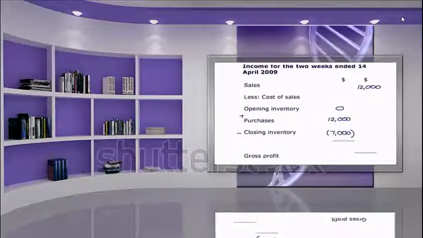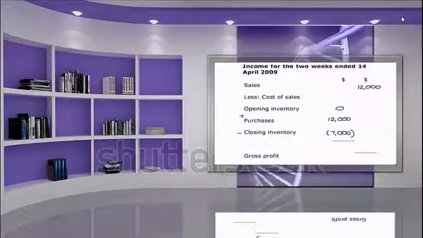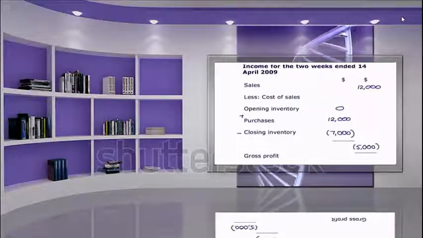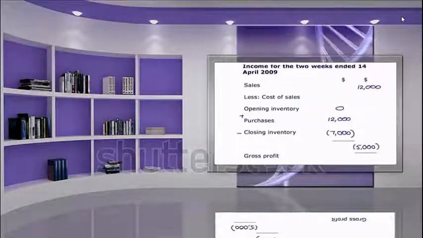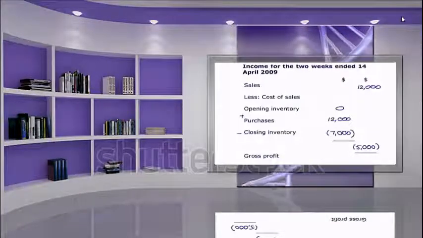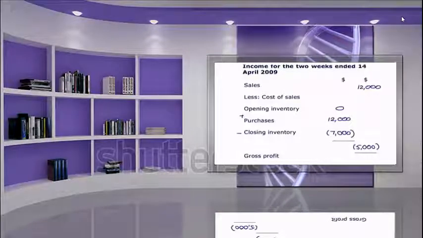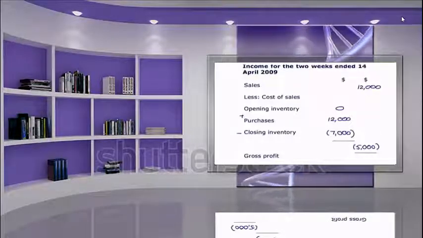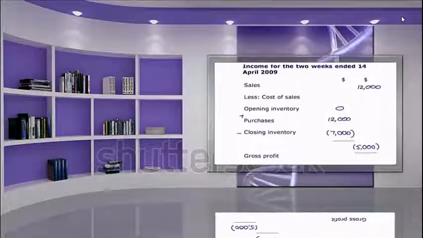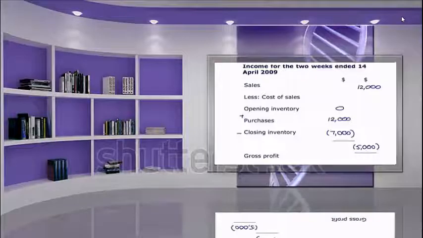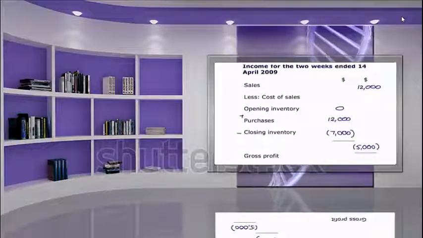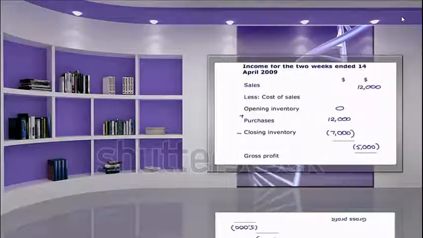What that is going to give you is total cost of sales of $5,000, which we bring into the total column, as that is cost of sales now complete. So you can see then that the cost of what we sold was $5,000. We sold it for $12,000. We therefore must have made a gross profit as a result.